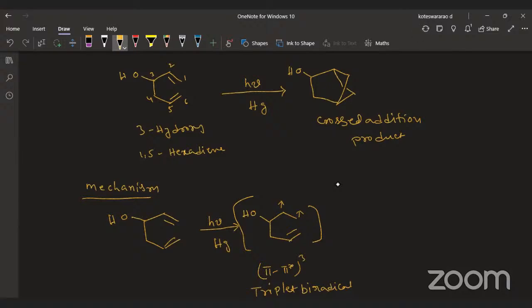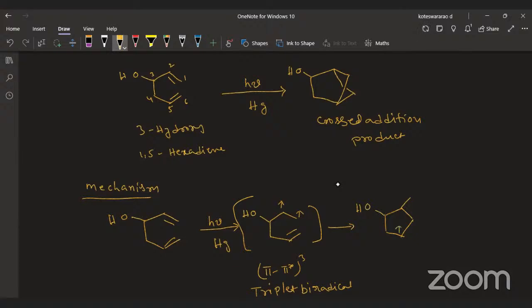That means this electron is donated to this carbon center, or this electron binds with the electron present at this carbon end. Then it leads to the formation of an intermediate, the radical.